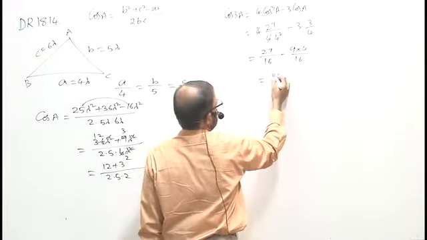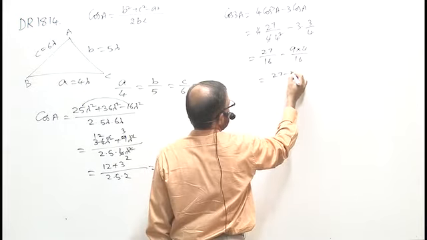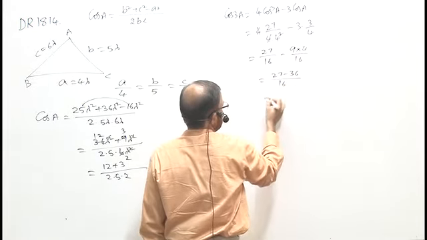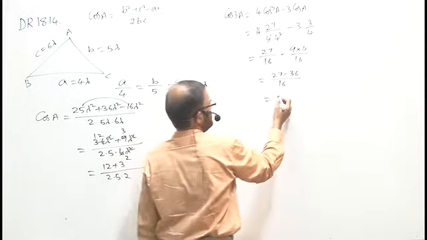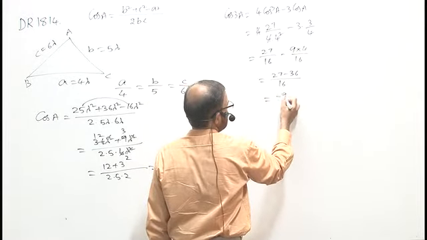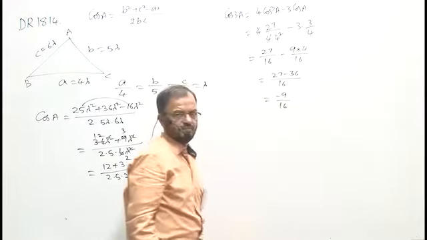I can say 27 minus 36 divided by 16. Then this is equal to minus 9 by 16.